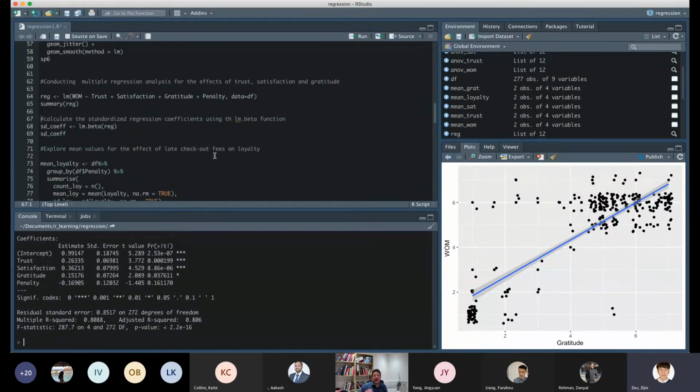No, if penalty would be your dependent variable, that doesn't make sense, because you would use trust, satisfaction, and gratitude to predict whether customers have to pay a penalty fee or not. But that's not the reason why customers have to pay a penalty fee. They have to pay the penalty fee because they check out too late.